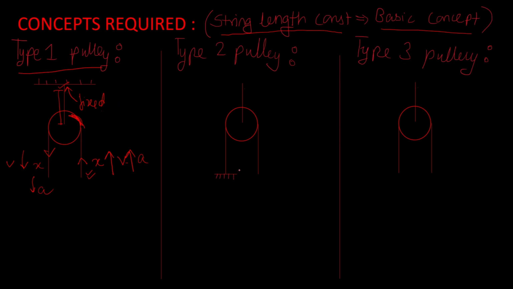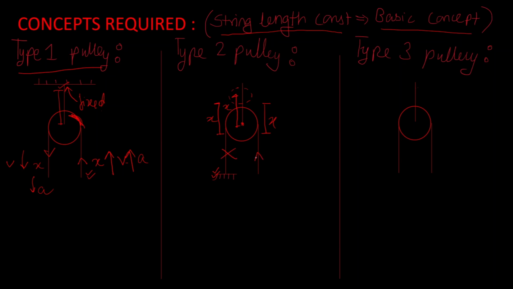Now the second type of arrangement of pulley is if I fix this part of the pulley. Okay, so what is going to happen? Now assume this part is absolutely fixed. Once I move this center part of the pulley by a distance of x, in this kind of arrangement there is going to be an extra length x over here and also an extra length x over here. Since this part of the pulley is fixed, it will not contribute to this extra length.